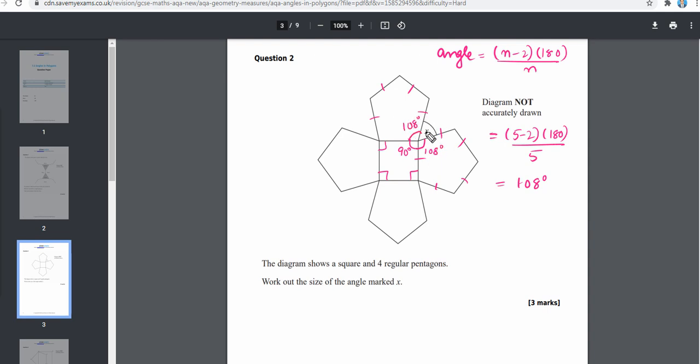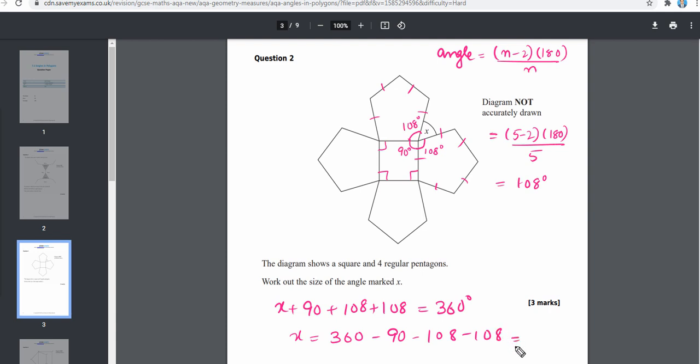So the sum of all of these angles will be equal to 360. So it will be X plus 90 plus 108 plus 108 equals 360 degrees. Now from here I'll make X the subject, so X will become equal to 360 minus 90 minus 108 minus 108.